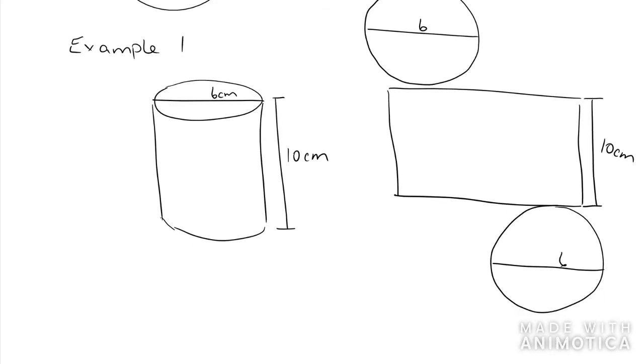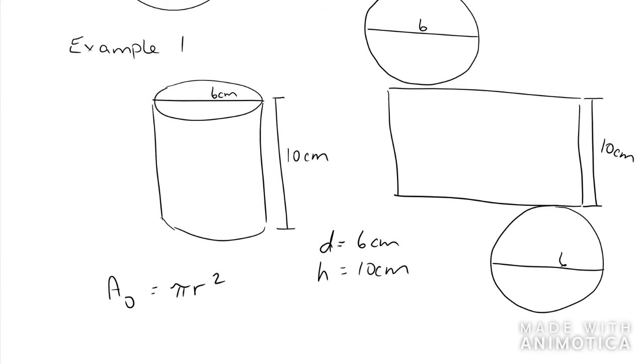So how do we figure out the area of a circle? Well, the area of a circle is going to be pi r squared. Oh, well, what do we have right now? We have the diameter, because it goes all the way across, of 6, and we have the height of 10.